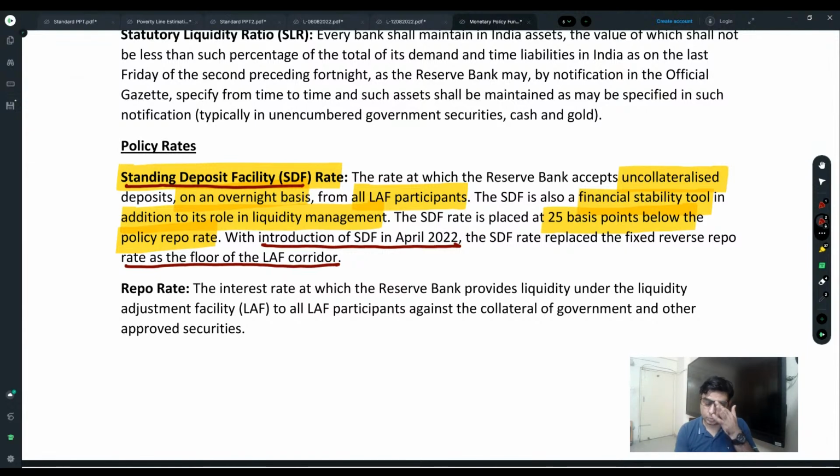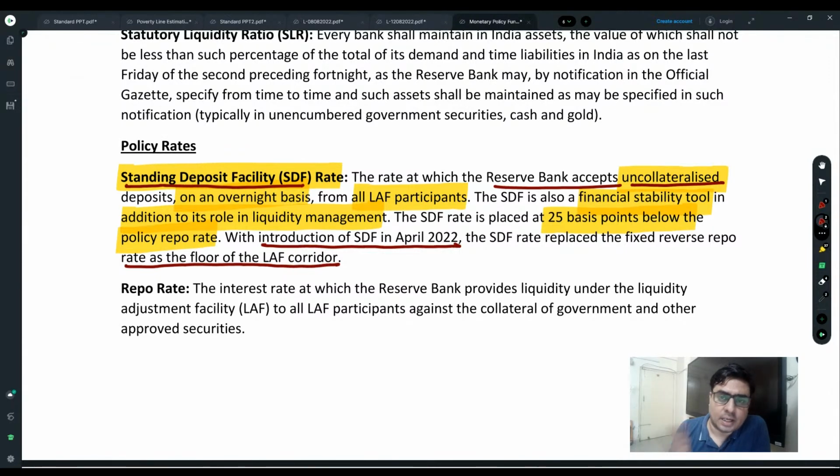First you have to understand what is standing deposit facility. It is the rate at which the Reserve Bank of India accepts uncollateralized deposits. Now, I have explained the SLR, and in the SLR I told you banks have to park their money with the Reserve Bank of India and they will get what?